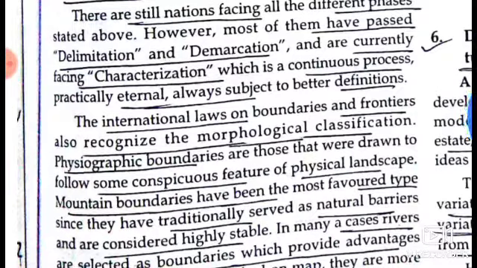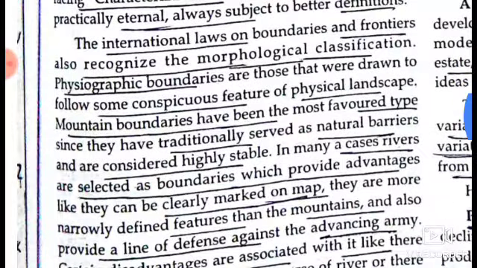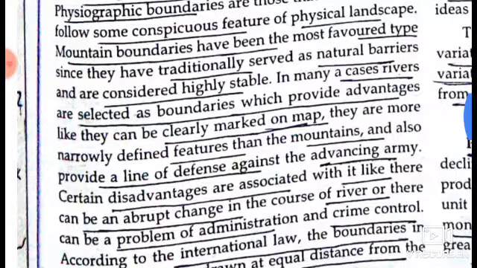The international laws on boundaries and frontiers also recognize the morphological classification. Physiographic boundaries are those that were drawn to follow some conspicuous feature of the physical landscape. Mountain boundaries have been the most favored type since they have traditionally served as natural barriers and are considered highly stable.